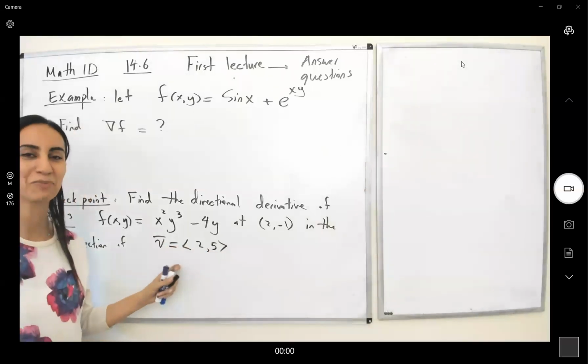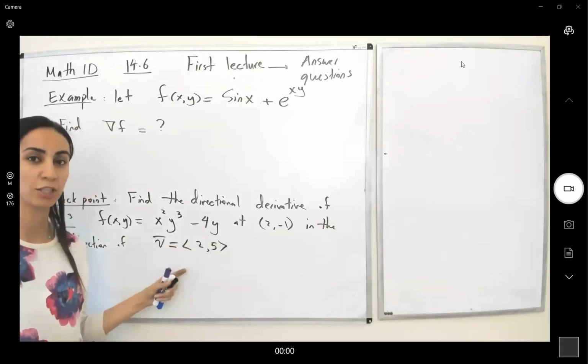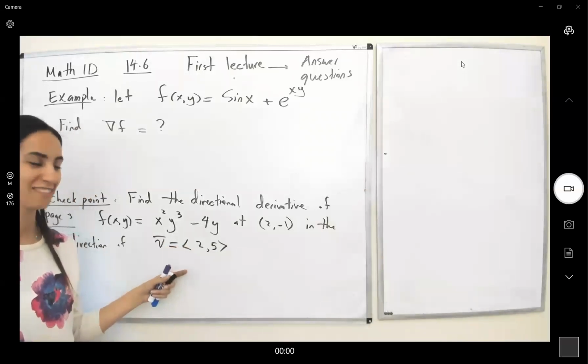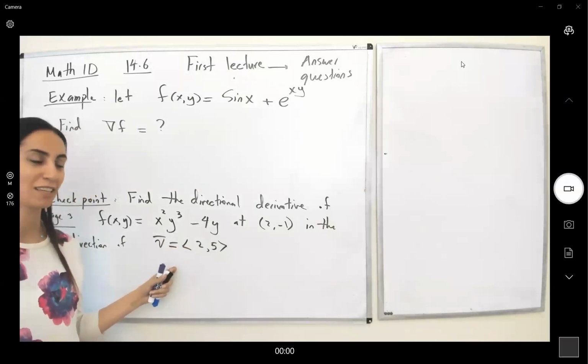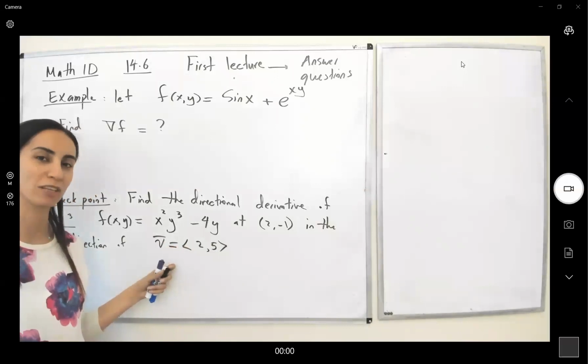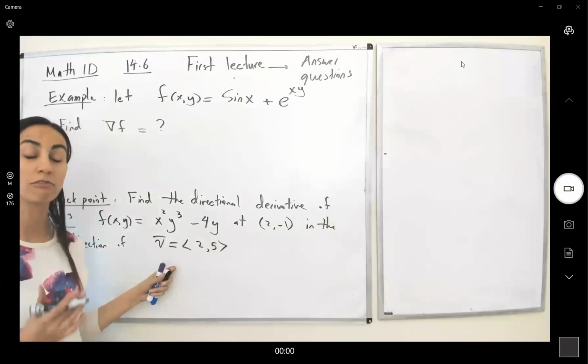Be careful here. Is that a unit vector? If it's not a unit vector, you have to write it in the form that it actually gives you a unit vector. Rescale it.